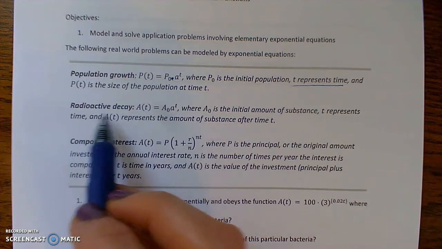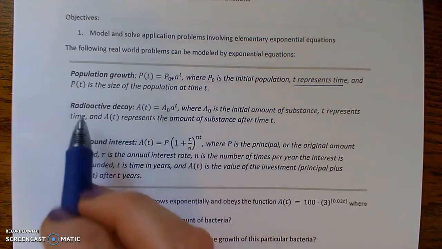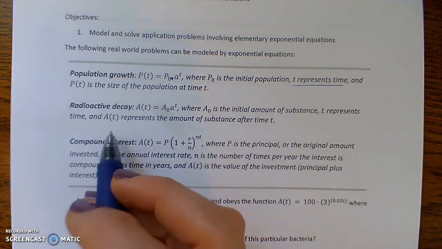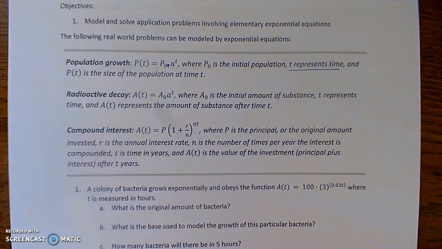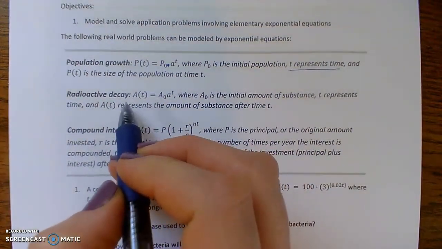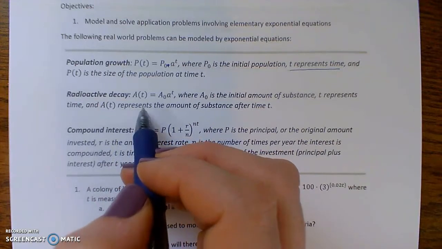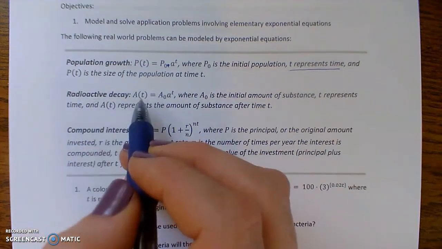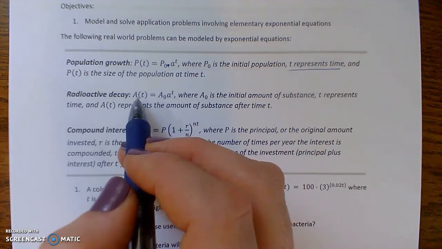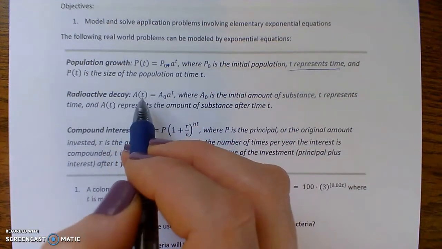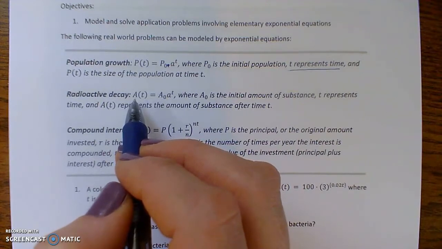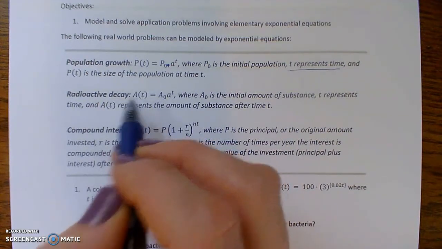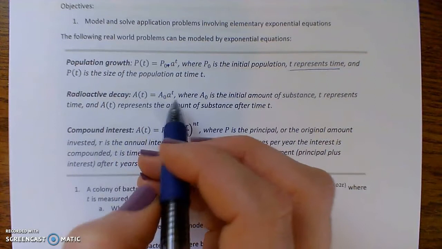Also, things decay exponentially, such as radioactive material. So when you hear the word half-life, that's the amount of time it takes for a material to decay to half its previous mass. Usually we use A of t to denote the amount of material at time t after the initial measurement was taken.